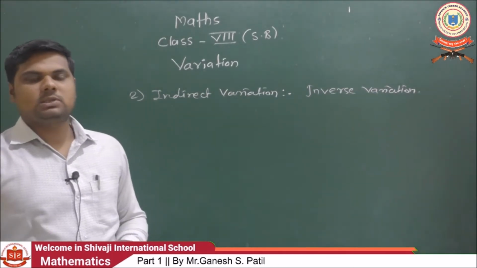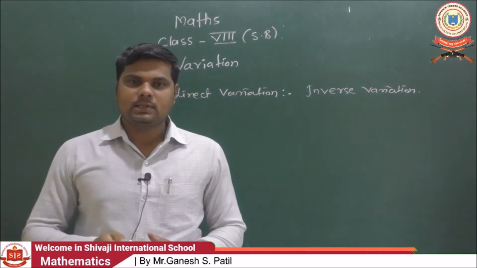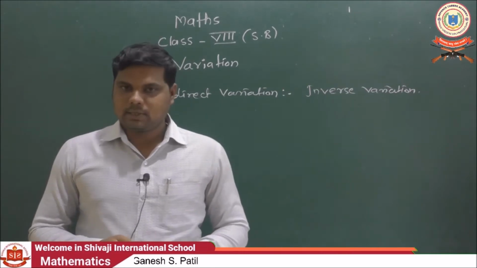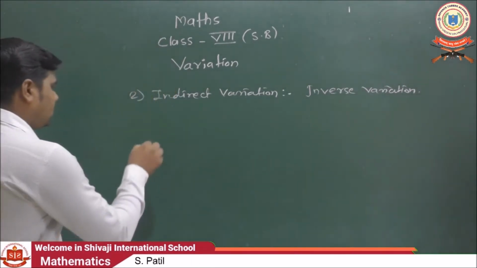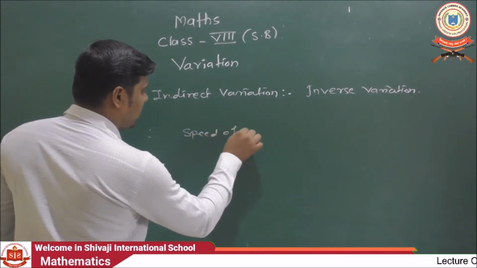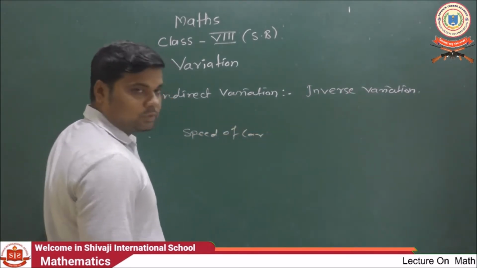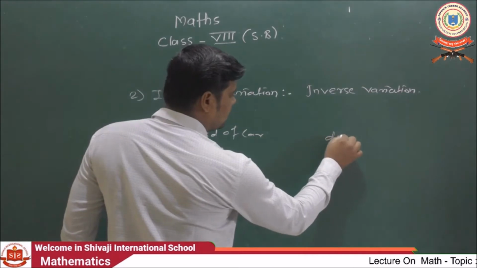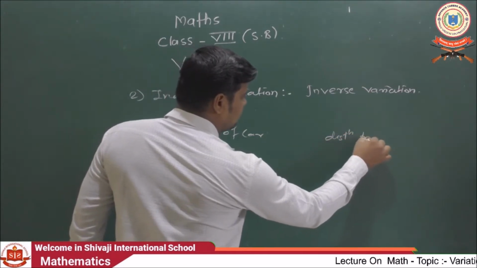Inverse variation means suppose one quantity is increased, then another quantity is decreased. For example, this is the speed of car and this is the distance travel.